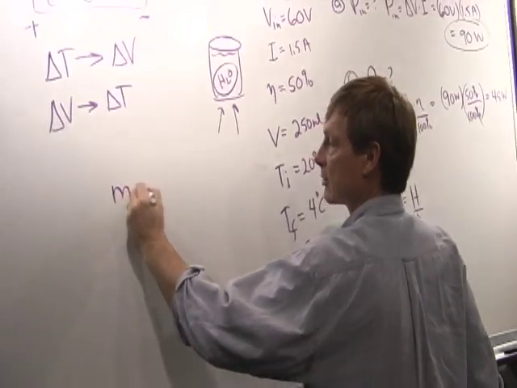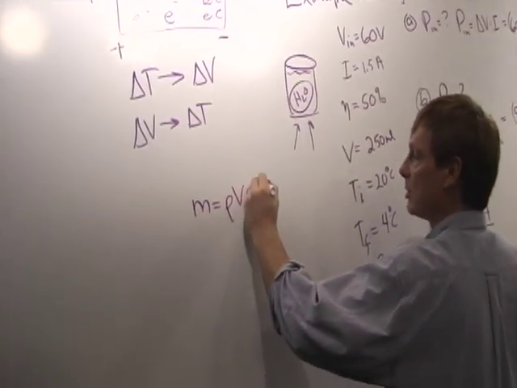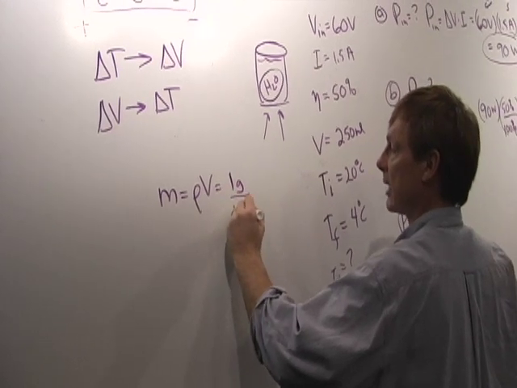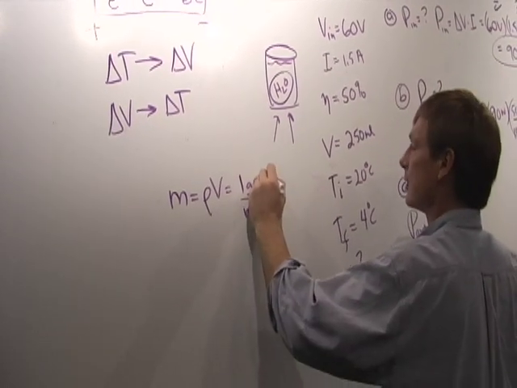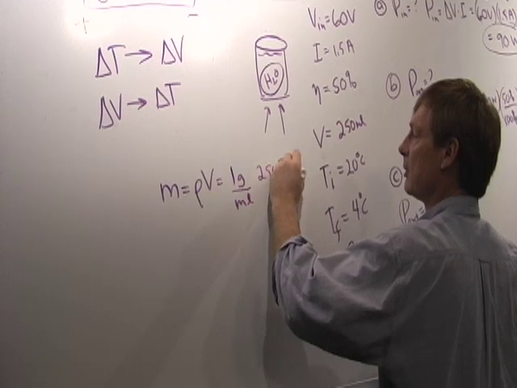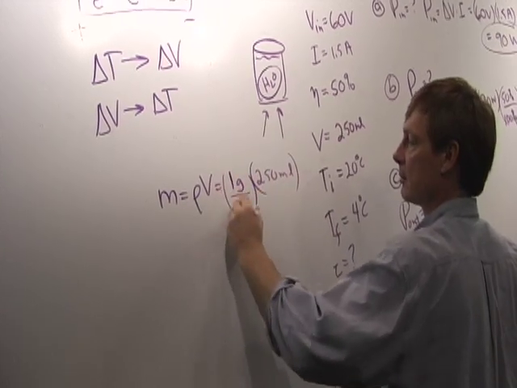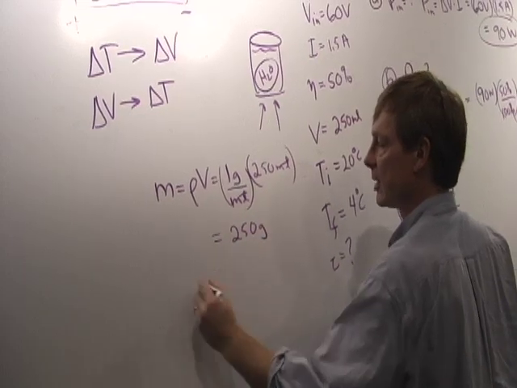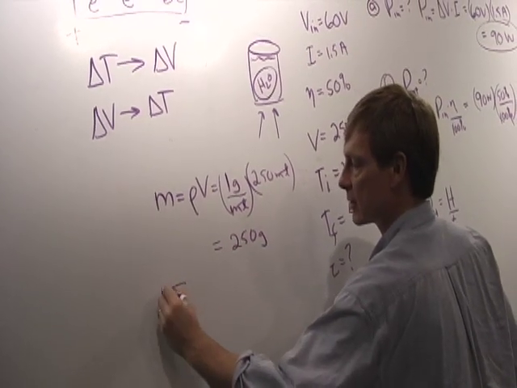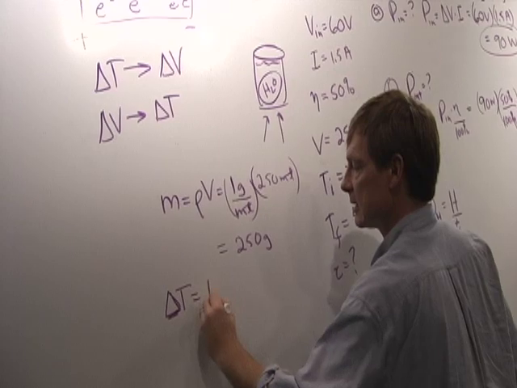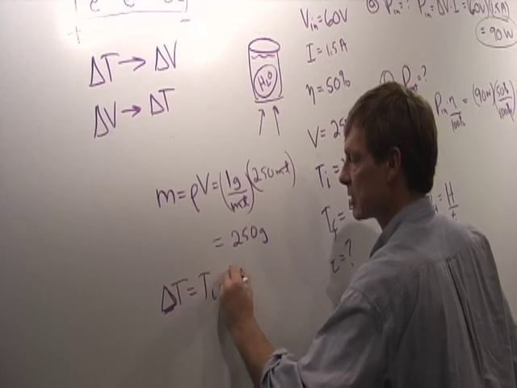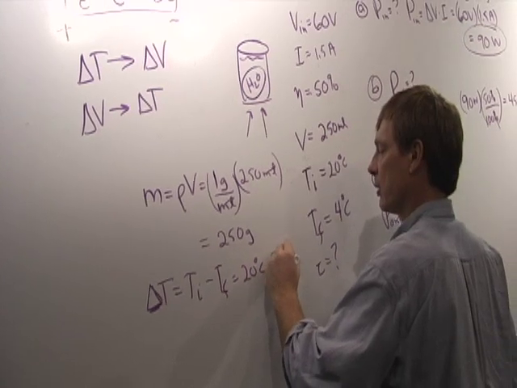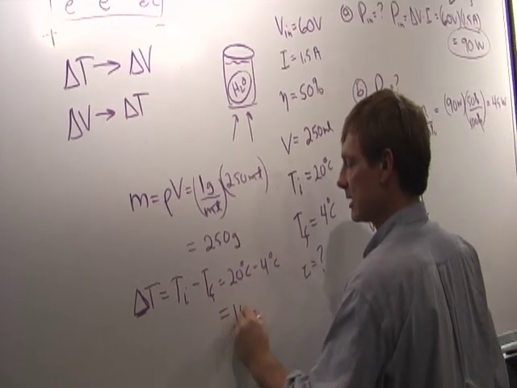The mass is equal to the mass density times the volume, which is 1 gram per milliliter, that's the density of water, times 250 milliliters. Milliliters cancel. That's equal to 250 grams. The temperature difference, which I also don't have, is the initial temperature minus the final temperature, which is 20 degrees Celsius minus 4 degrees Celsius, which is 16 Celsius degrees.